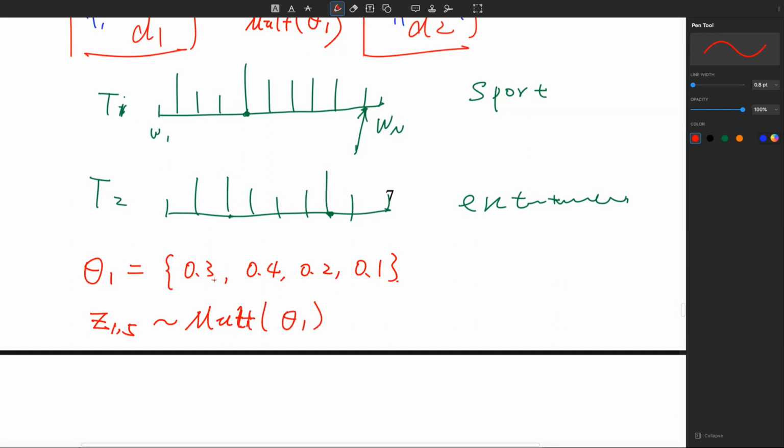I will draw using these weights. ZDN could belong to 1 to 4, because there are only 4 different topics. It only has probability of generating either the first topic, second topic, third topic, or fourth topic.